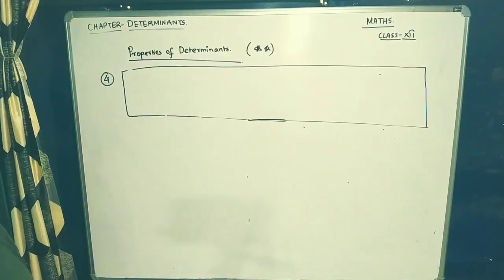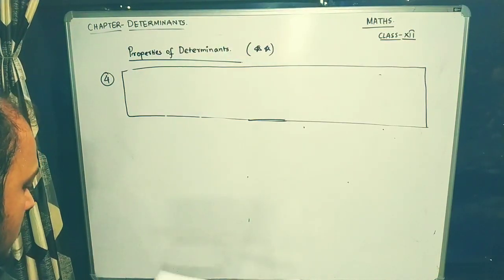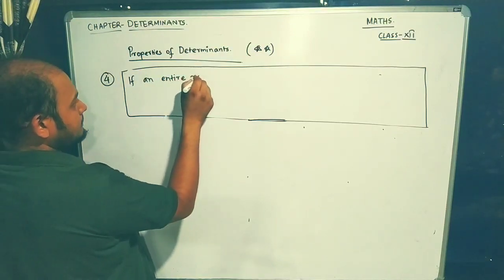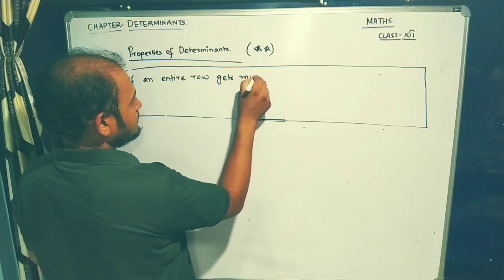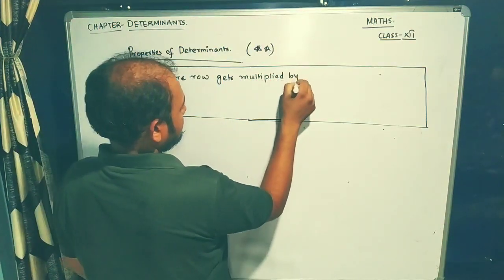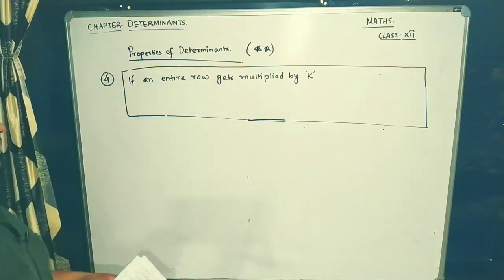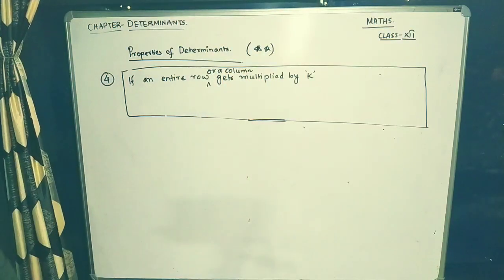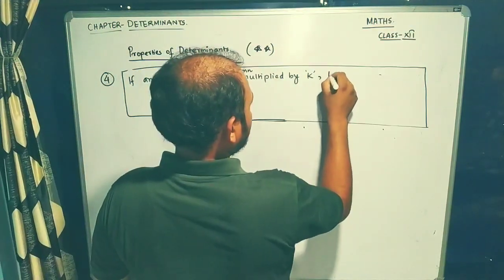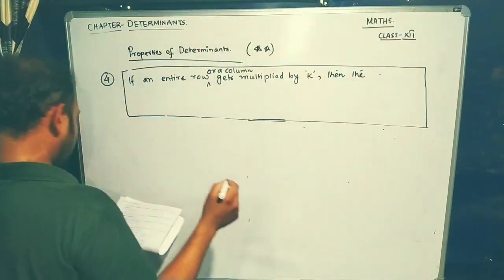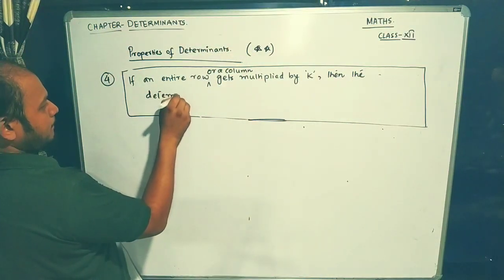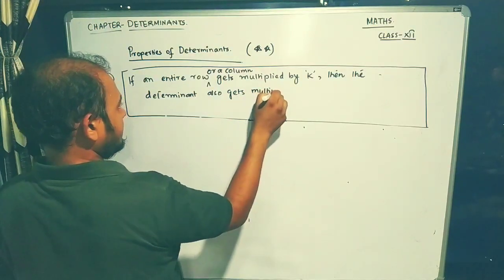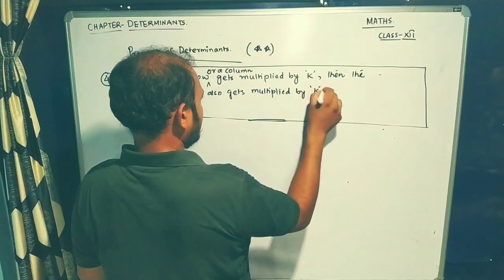Keep this property safe in your note copy. This is very important. It is telling you if an entire row or a column gets multiplied by k, then the determinant also gets multiplied by k.